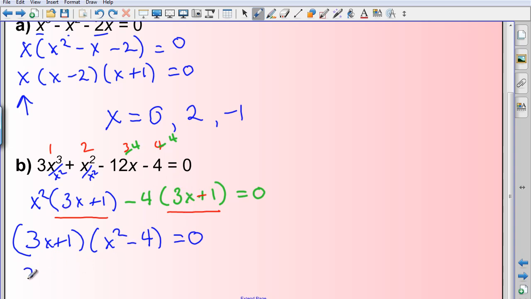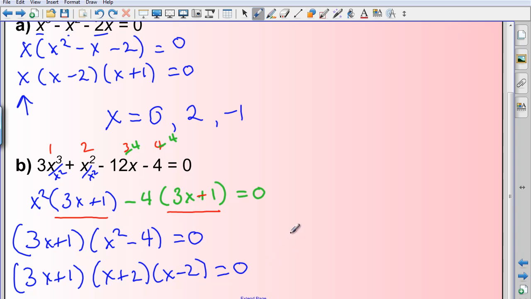We do notice that we can go one step further to help solve this question, and that is we notice this is a difference of perfect squares, x plus 2, x minus 2. If all it asked us to do was factor, we'd be finished. But because it said solve, we need to set each of these factors to 0.